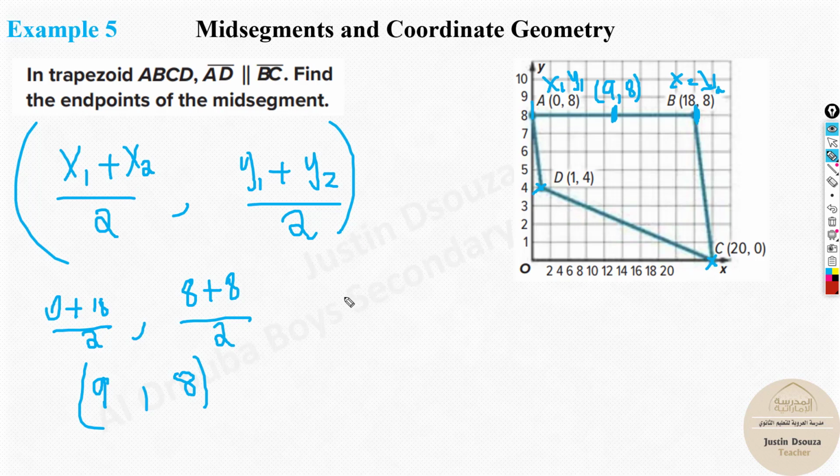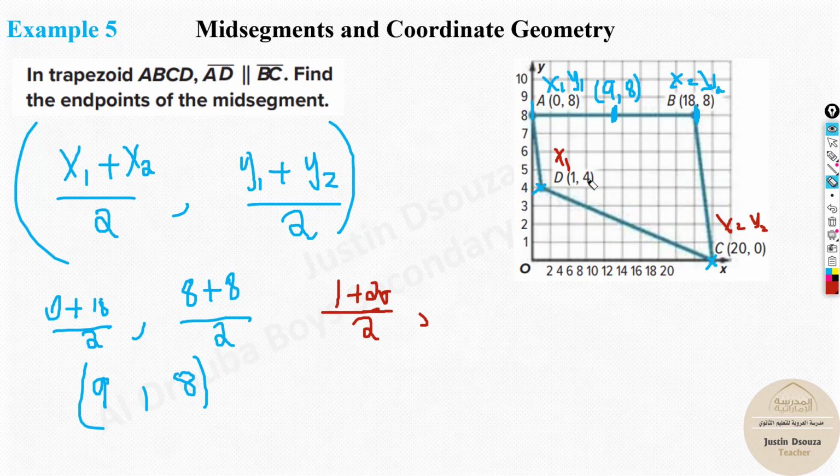That is 1 plus 20. I'll write the x1, y1, x2, y2. All you need to do is 1 plus 20 divided by 2. And what is y1? It's 4. Sorry, this is y1.